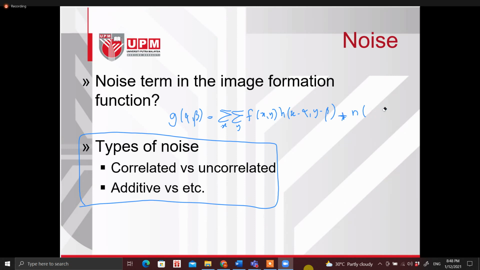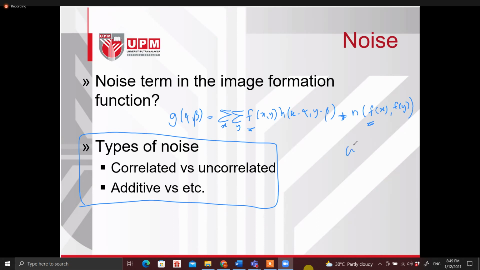Correlated noise means that the noise depends on, and is not independent from, either the input image or the point spread function. It could be something like n(f x, f y). Now you can see that we have an f term, which is actually this term, meaning that the noise depends on the input image.